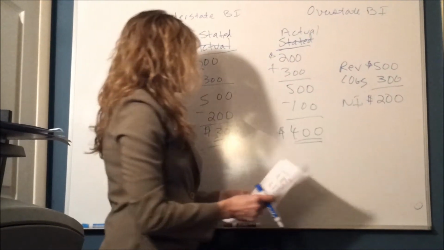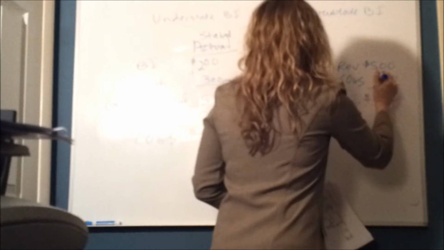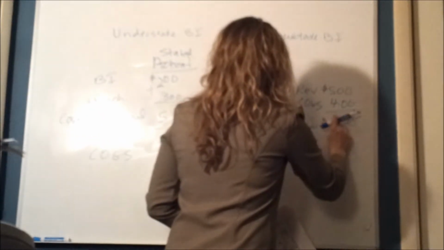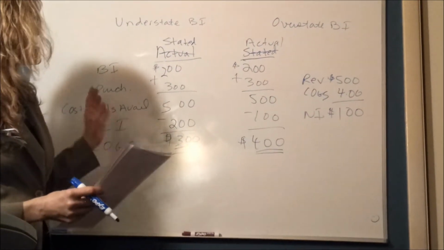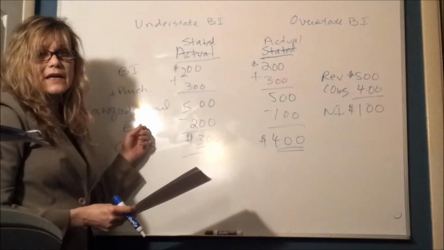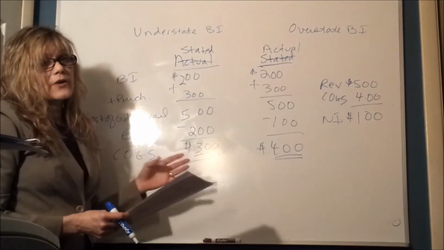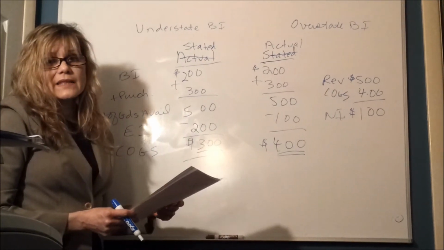We think our net income is 200, when in fact our net income should have been 100. So that's what happens. Also, if we do under or overstate our ending inventory, it will carry over to the next year, and it will have the opposite impact on the following year.